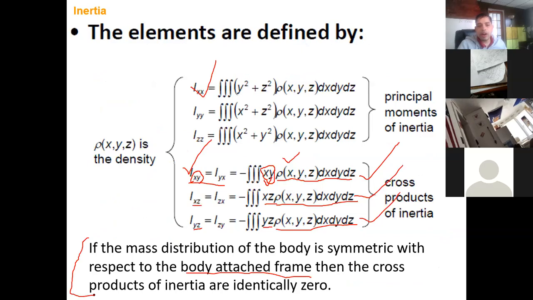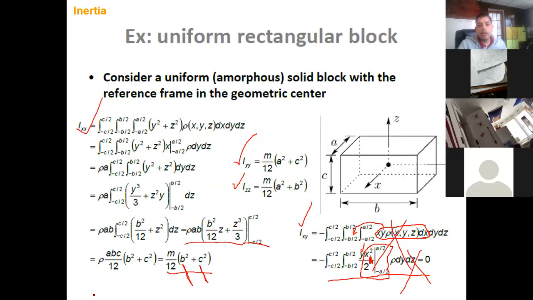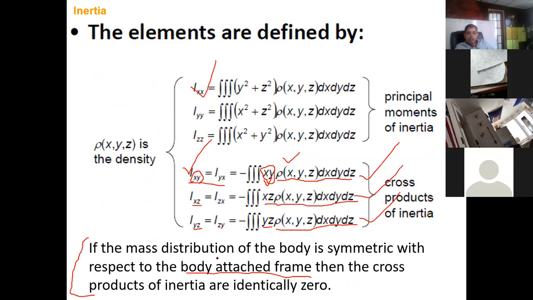Does it make sense so far? So x, y, x, z, y, z, those are all equal to 0? Yeah, because these are all called cross terms. Cross meaning they have the xy, yz, and zx term.